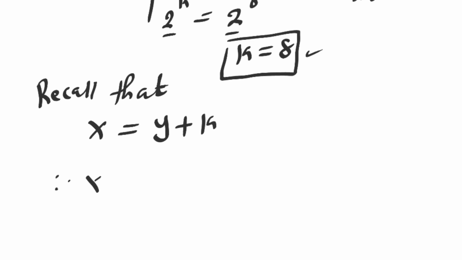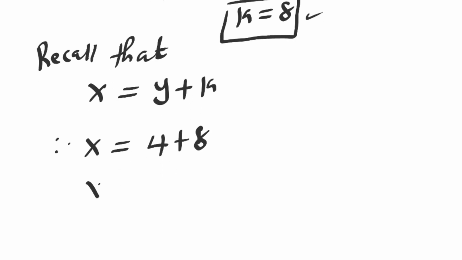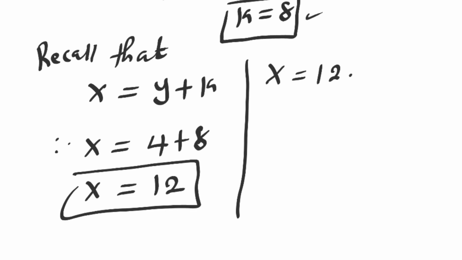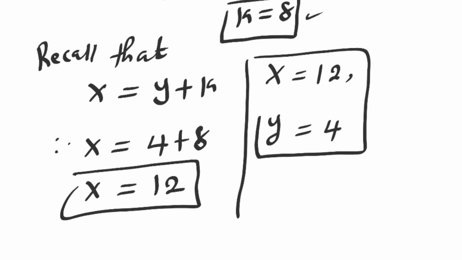Therefore, x is equal to 4 plus 8. x is equal to 12. This is the value of x. Therefore, our final answer is x is equal to 12, y is equal to 4. This is the final answer.